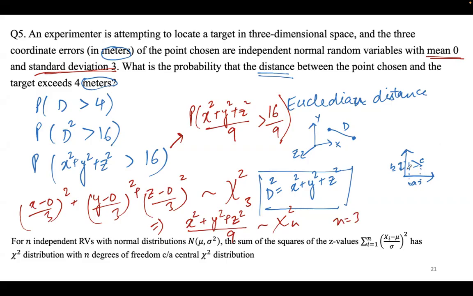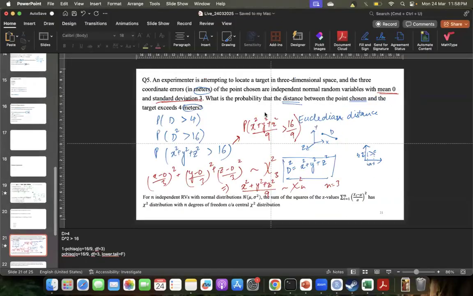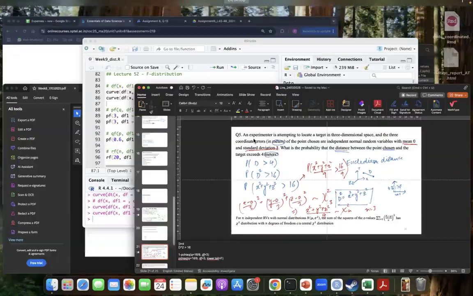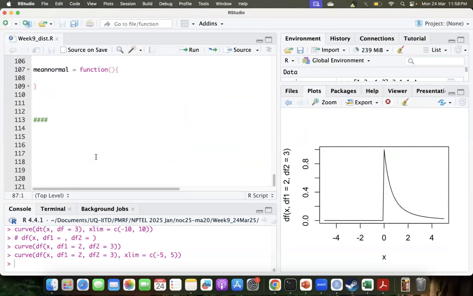And now that we can do using R. So for example, here again, we can just use the p chi-square formula, and then we want to find that the value has to be greater than 16 by 9.